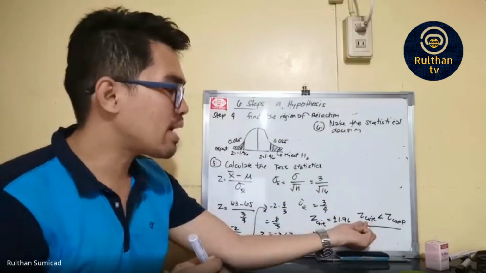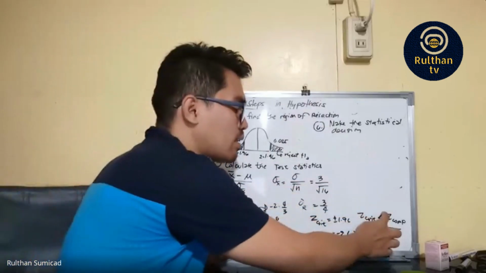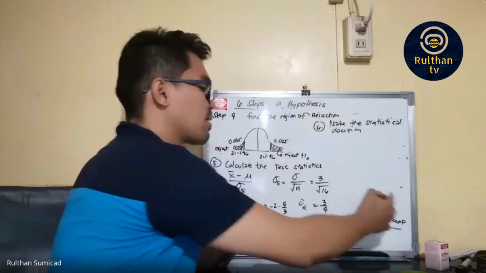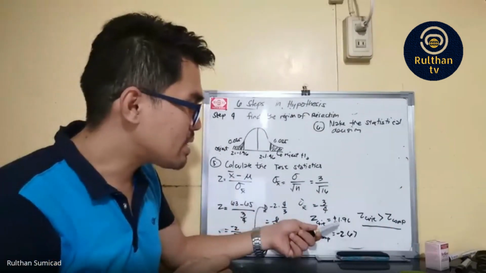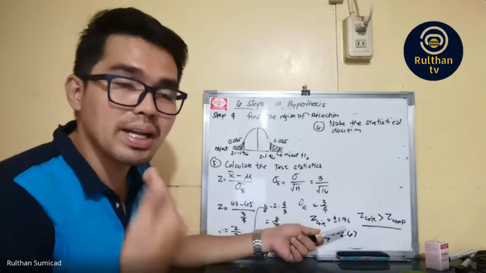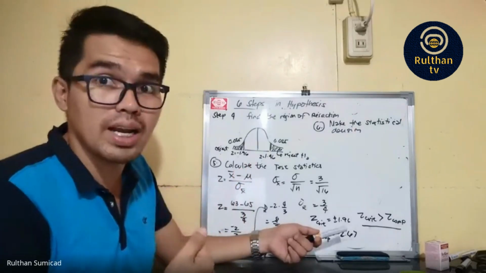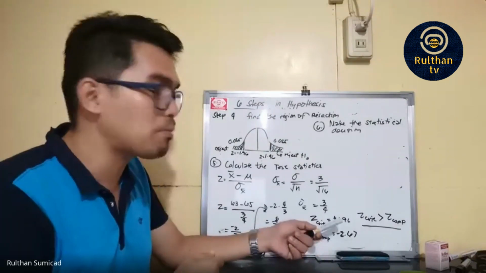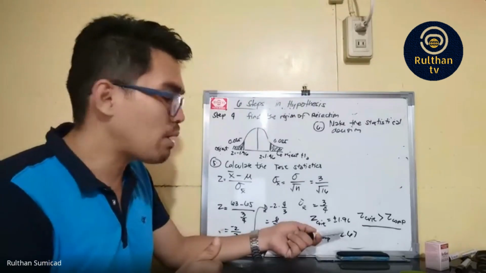Since the z critical is, sorry, this is wrong. Z critical is greater than the z computed because this is negative 1.96. And remember, for negative numbers, the bigger the number, the smaller it becomes. Since negative 2.67 is bigger than negative 1.96 in magnitude, negative 2.67 is smaller than negative 1.96.